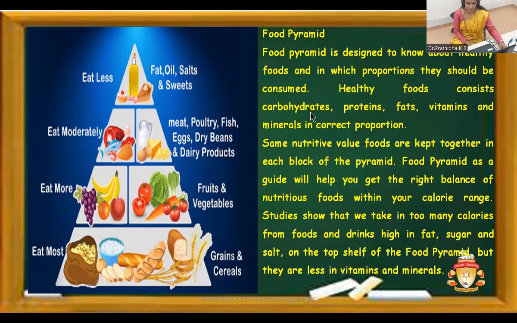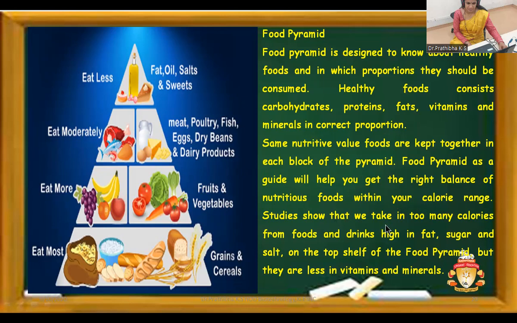Healthy foods consist of carbohydrates, proteins, fats, vitamins, and minerals in the correct proportion. Foods of the same nutritive value are kept together in each block of the pyramid. The food pyramid as a guide will help you get the right balance of nutritious foods within your calorie range.